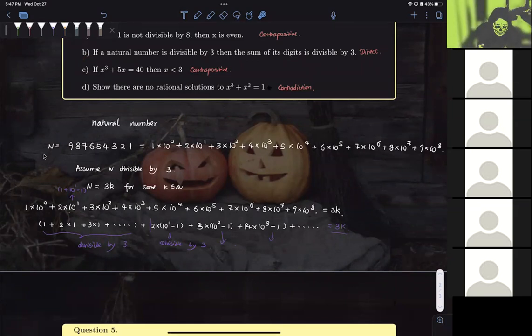So I used a number to demonstrate the technique. But this is not a formal proof. It's just a demonstration to show you how to prove the question. The proof, you need to write it yourself. It's pretty long because you need to be careful with everything. I didn't use induction.